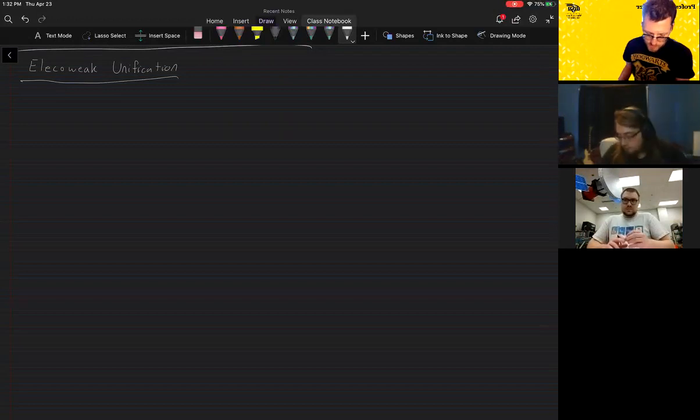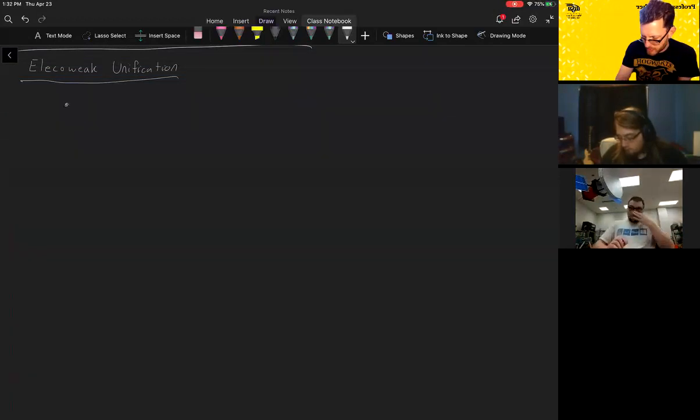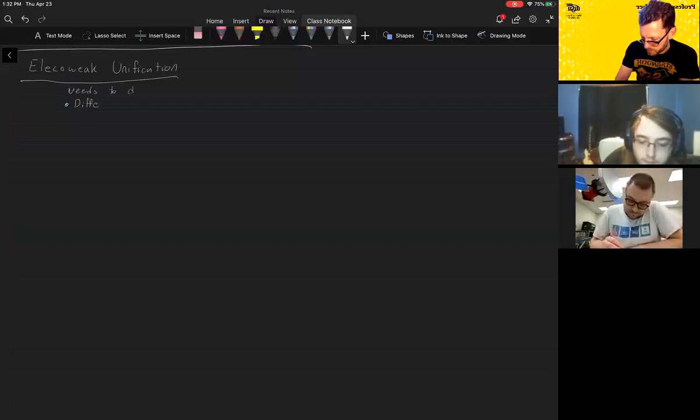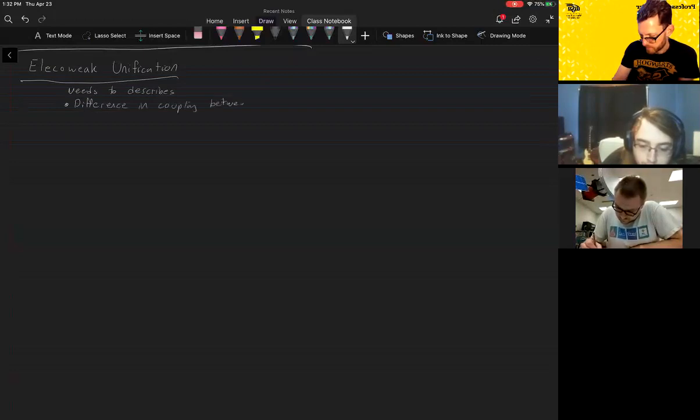Okay. So what does our electroweak unified theory need to be able to describe? It needs to be able to describe the difference in coupling between W, Z, and gamma.